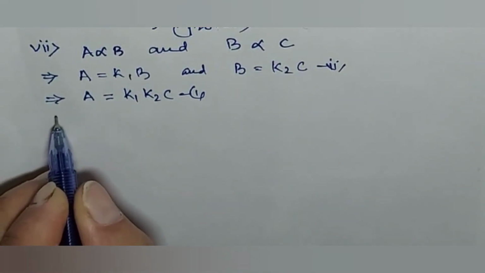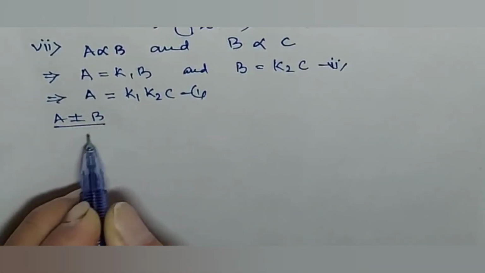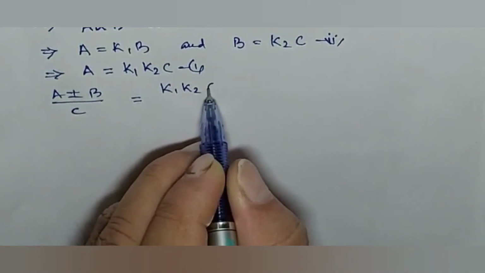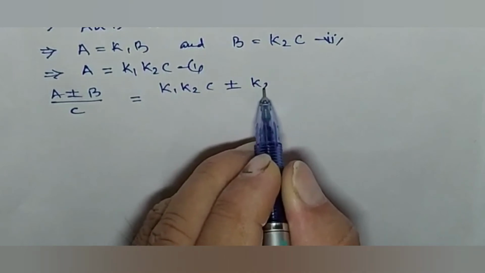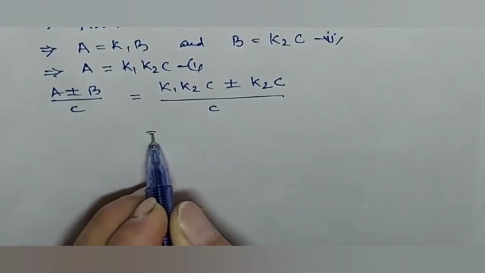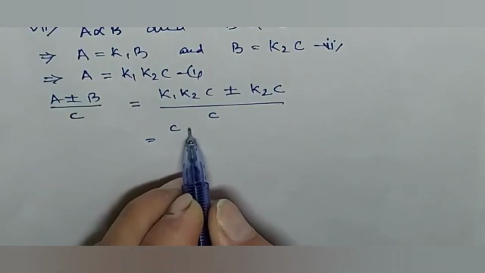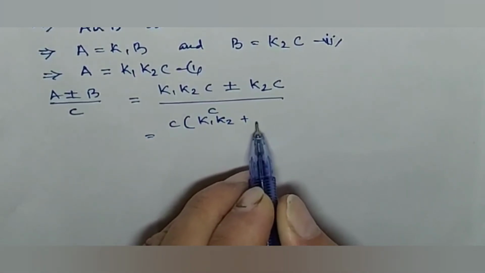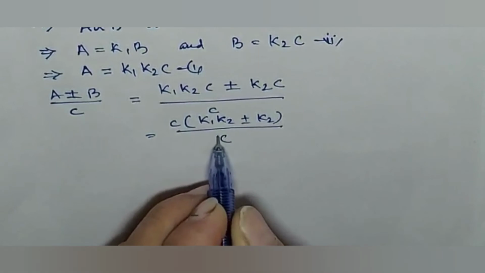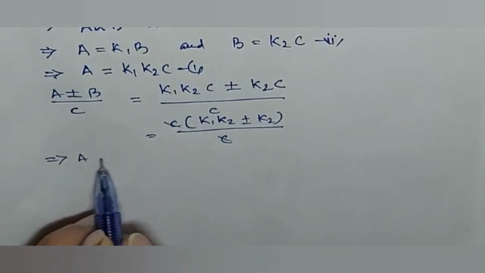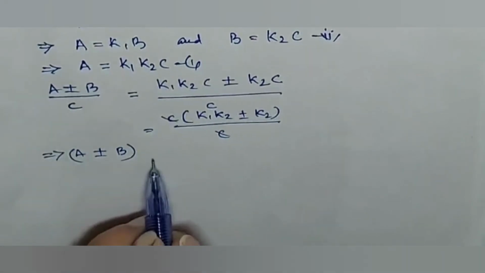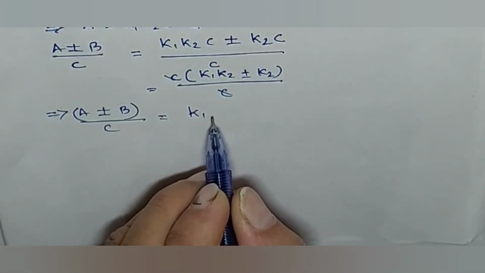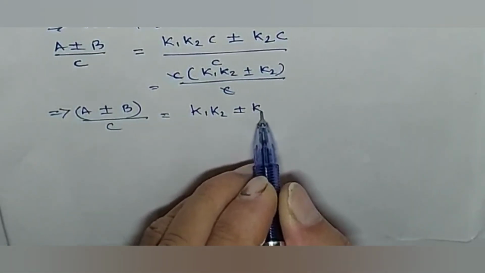Now A plus minus B by C is equal to K1 K2 C plus minus K2 C by C. Therefore, A plus minus B by C is equal to K1 K2 plus minus K2.